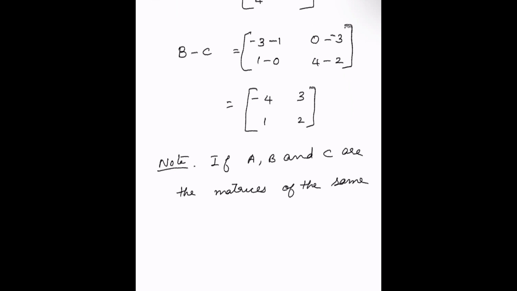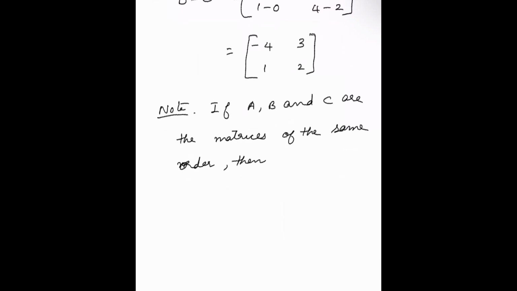Now, another note you can write: if A, B, and C are the matrices of the same order, then first point is A plus B is equal to B plus A. This is called commutative property.